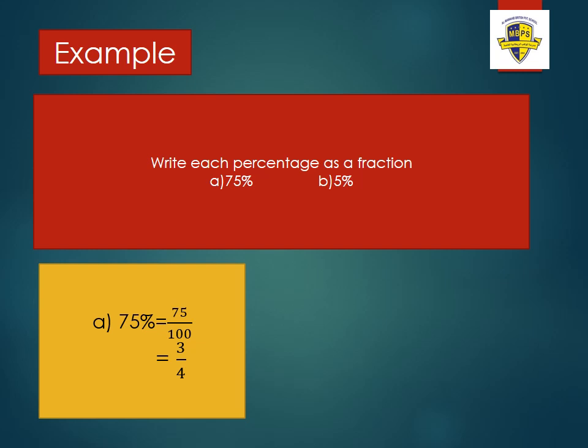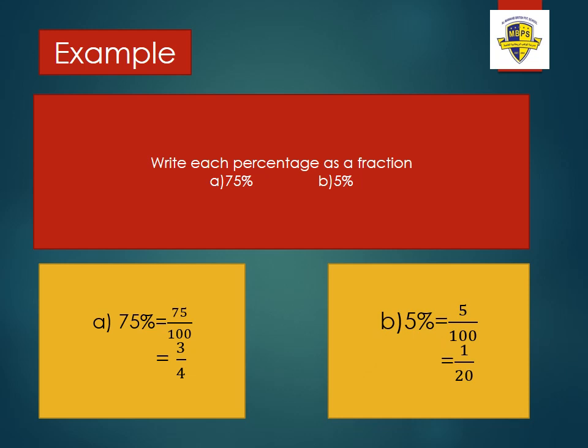We will say 75 over 100. Then we will simplify this fraction. We will get 3 over 4. Remember how to simplify? Yes, we divide both the numerator and denominator by the same number. Like here, we divide both of them by 25, and we get 3/4.